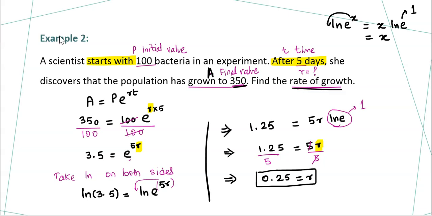They ask you about the rate of growth, so you can answer that the rate of growth is 0.25. If you want to write it in percentage, you multiply it with 100. You can write it as 25%. I hope you remember how to convert from decimal to percentage. You just multiply it with 100.